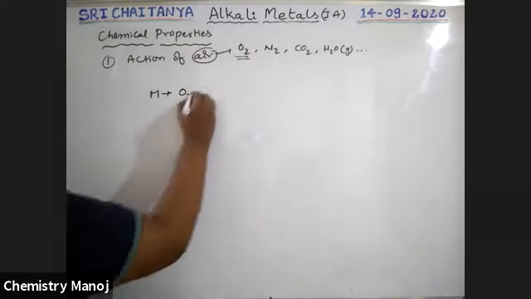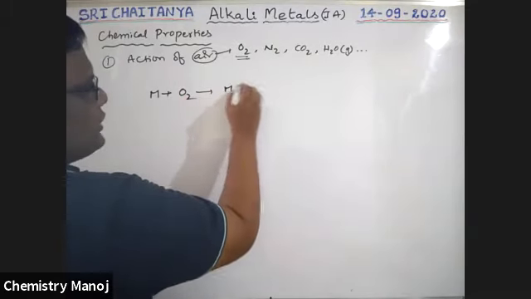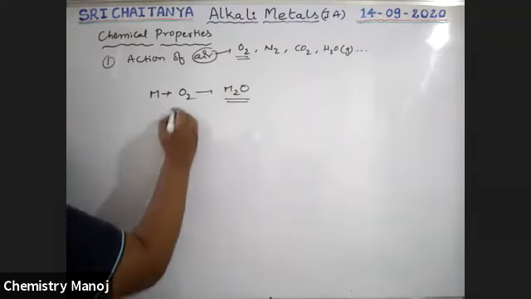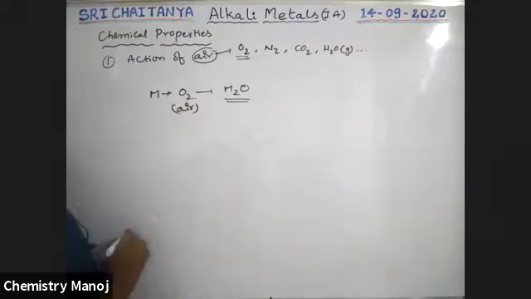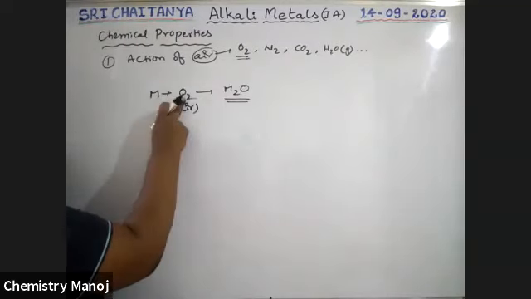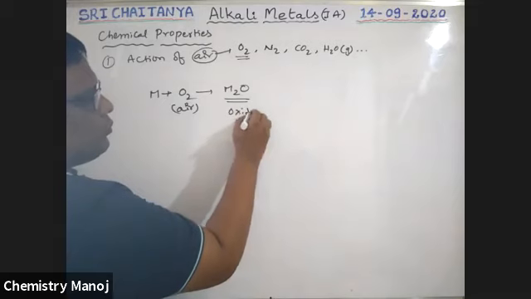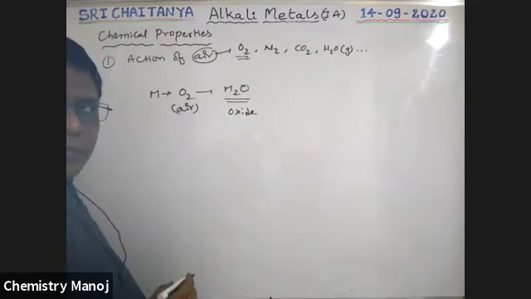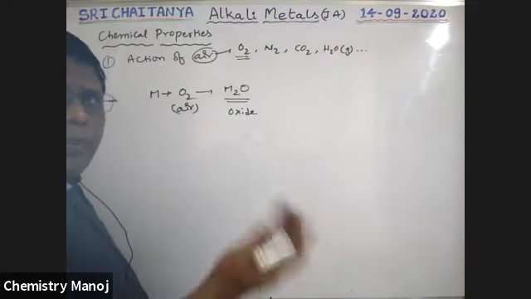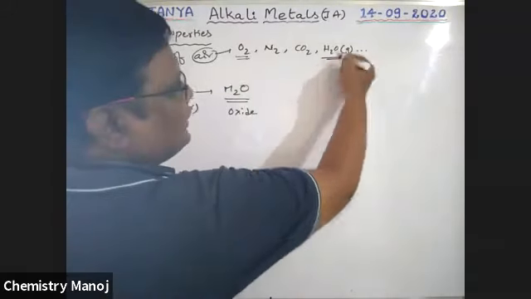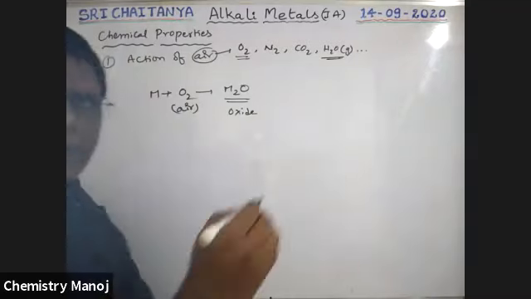So automatically that gives the respective metal oxide. This is the oxygen from air, boys. So when the alkali metal reacts with oxygen, it gives the respective oxides. Now this formed oxide further reacts with the water vapor present in air.